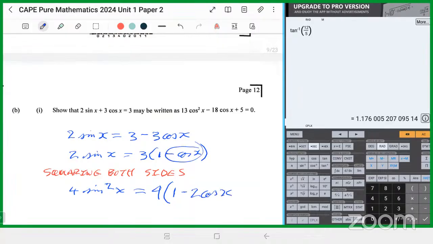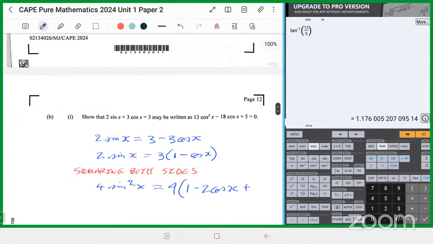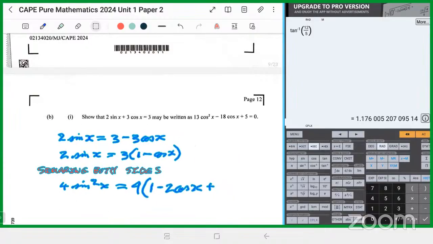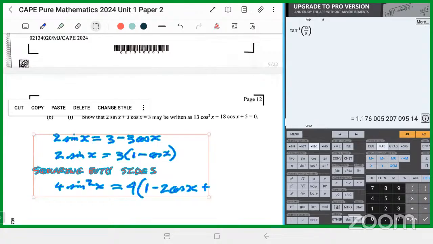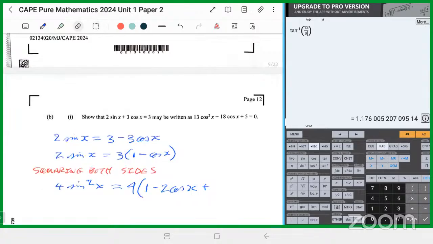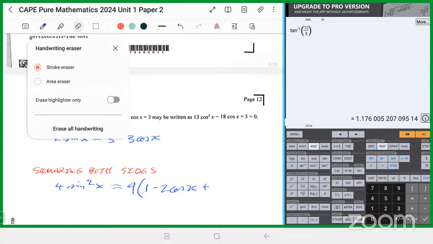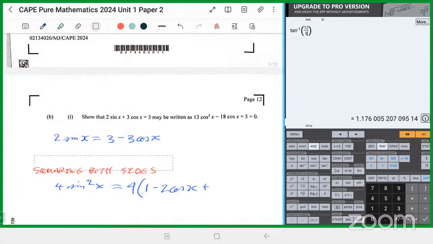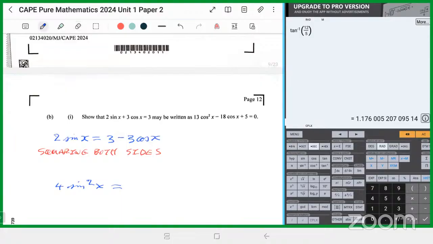And then the second term squared is a positive cos squared x. Let me shift this over. I think maybe I should not have factorized it. It's going to work still, but I maybe should not have done this. So let me take this line out and shift this up. It would have worked still, what I'm doing, but let's just make it easier and square both sides this way.